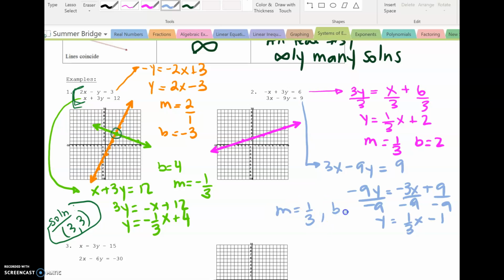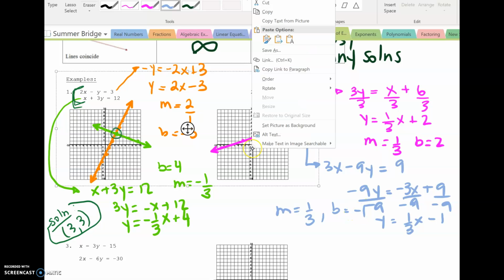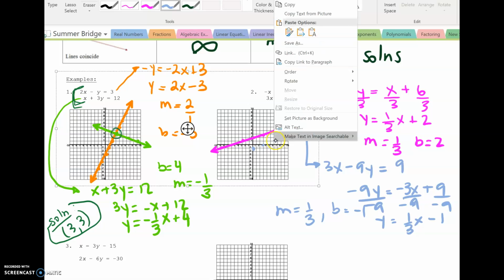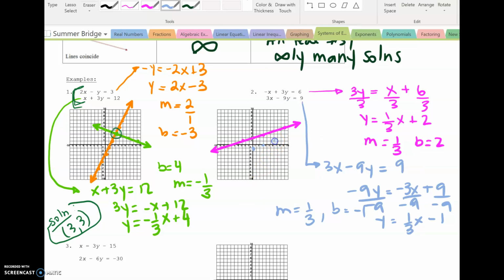My b is equal to negative 1. So I'm at negative 1 and I go up and over 3, up and over 3, up and over 3. Okay, and I can go down and to the left, down and to the left, down and to the left.